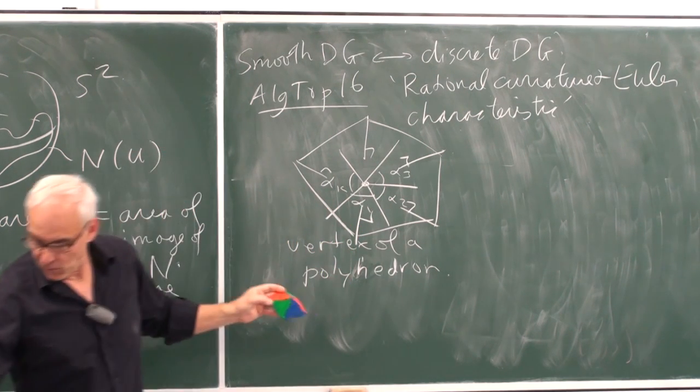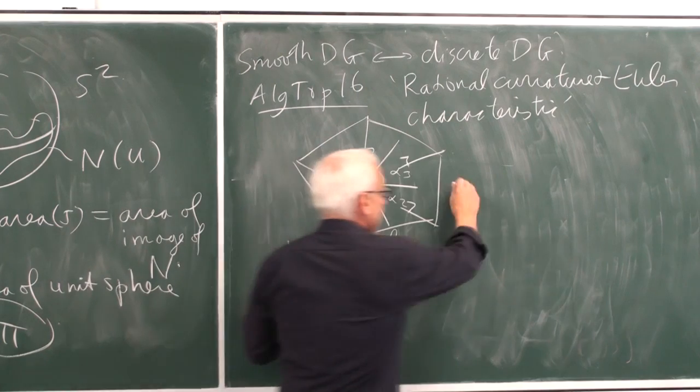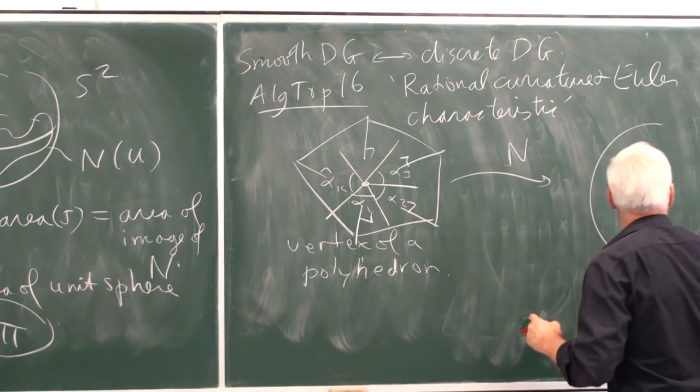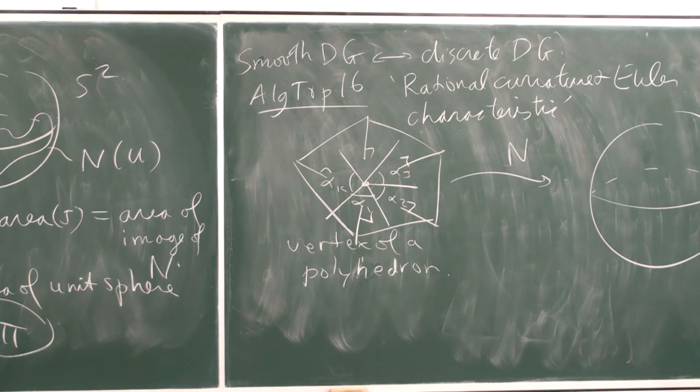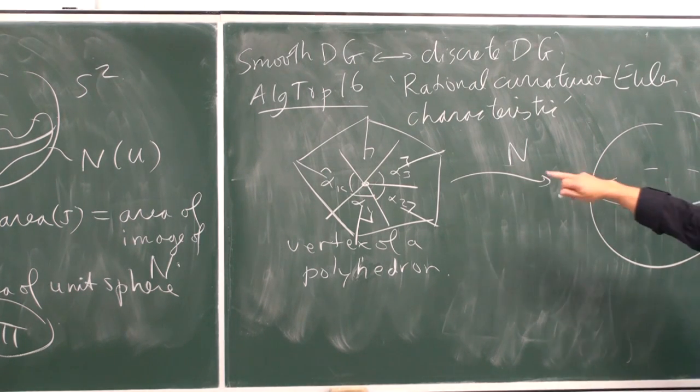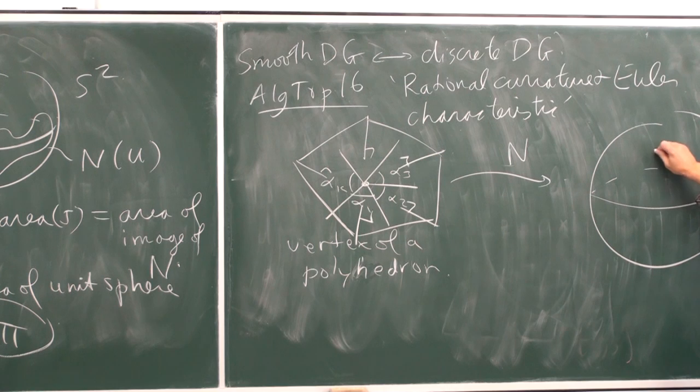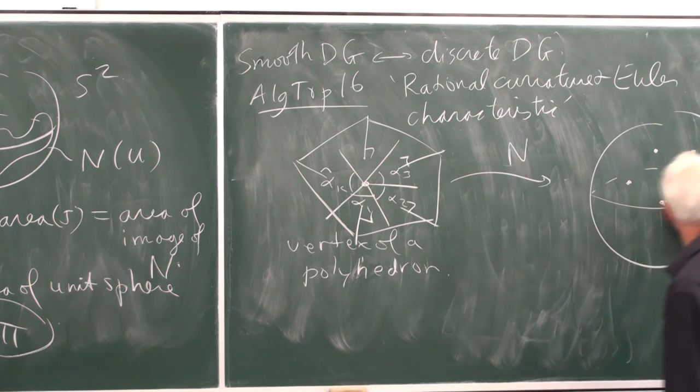Okay. So if we look at the image under N, over here is our sphere. In this case, 5 normals are going to give us 5 points. And these edges along here are going to give us these edges here.